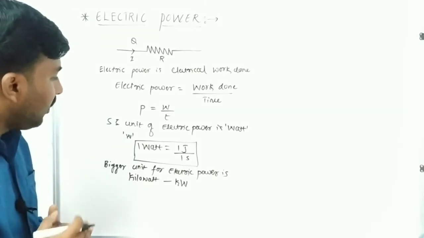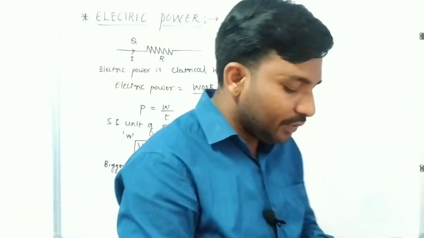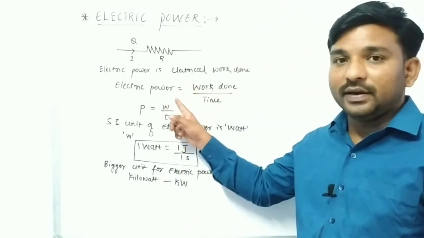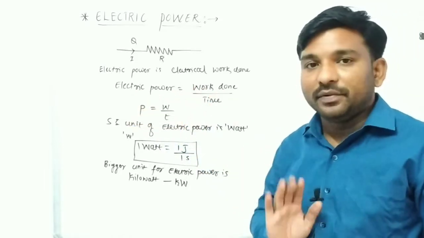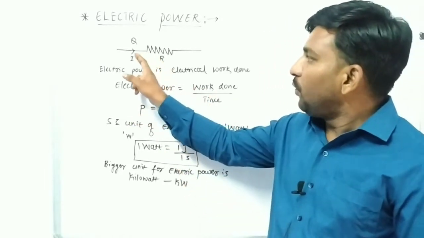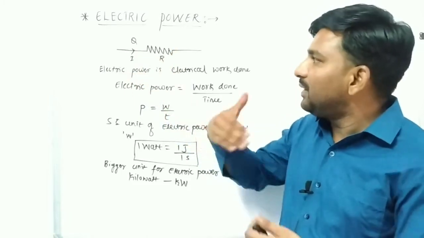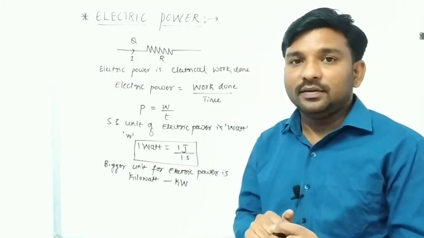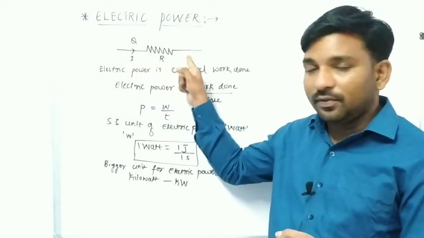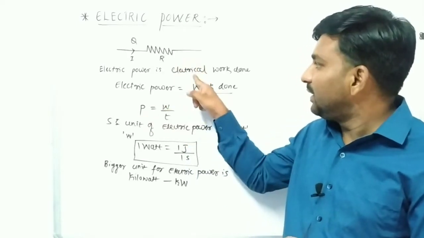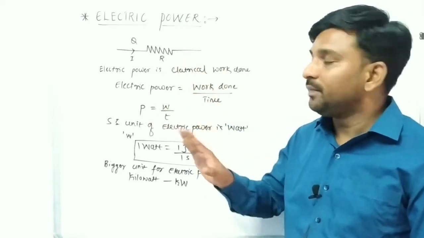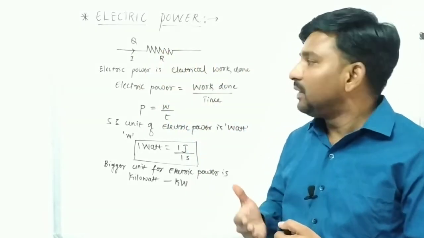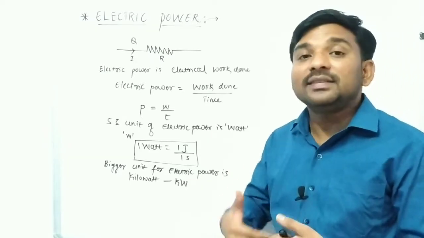Okay, now this electric power, as I told you, is the electrical work done. Work is done, it means whatever the electrical energy is there, it is used up, it is consumed. Here current is flowing. Whatever amount of electric current is flowing, that amount of energy is consumed.